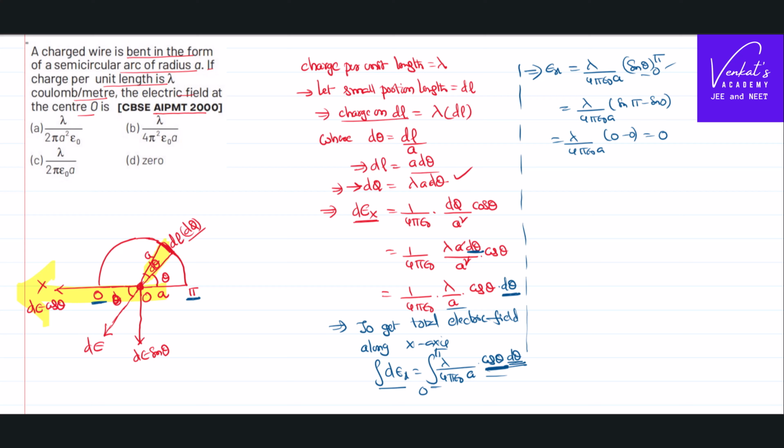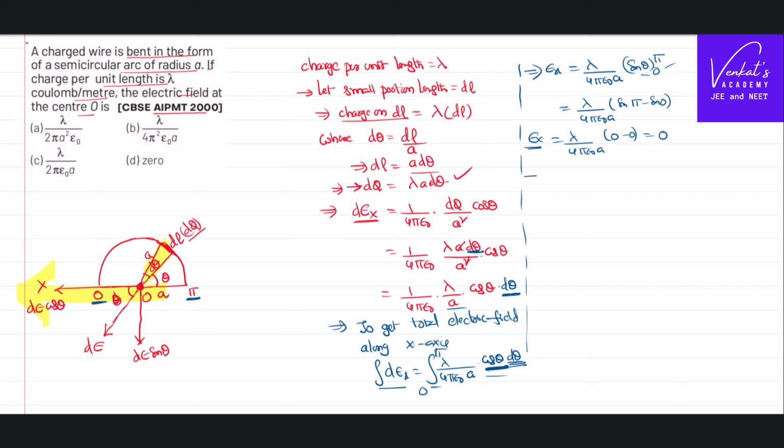So 0 into everything equals 0. All the electric field components cancel, and hence the resultant electric field along the x axis is 0.